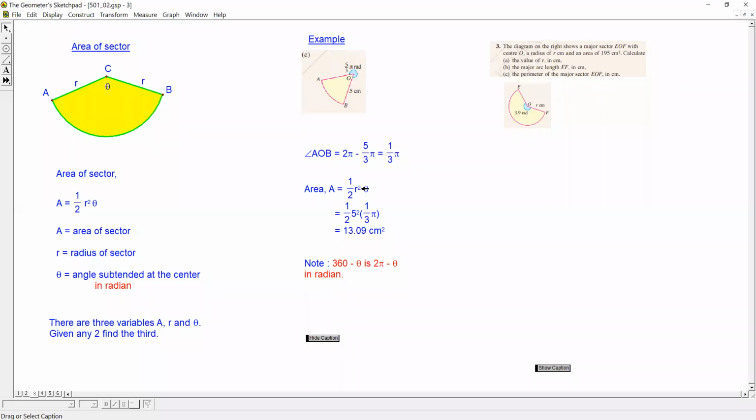You have to use radian. Another thing is the radian, how to find? You use 2 pi minus 5 pi over 3. So now you see why I ask you to memorize 2 pi is 360, pi is 180, and so on. Now you know why I ask you to memorize or not?